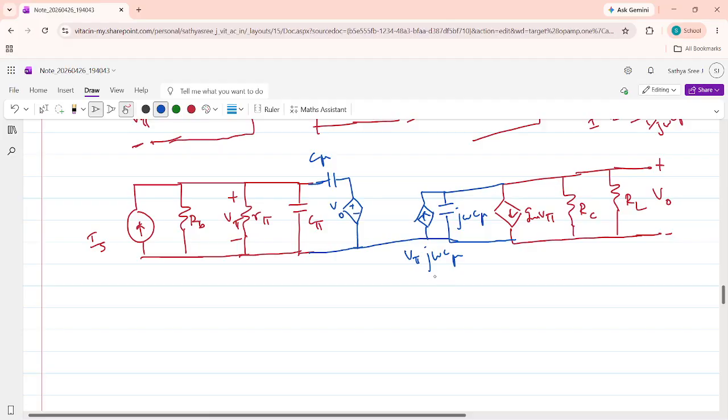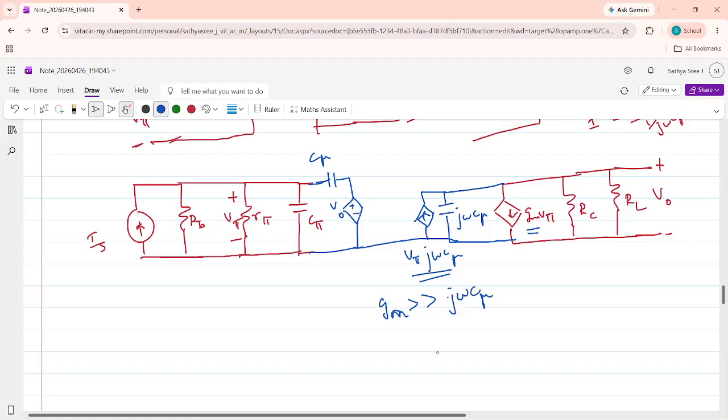There are two current sources. One is V pi j omega C mu, another one is gm V pi. The value of gm is very large compared to j omega C mu.